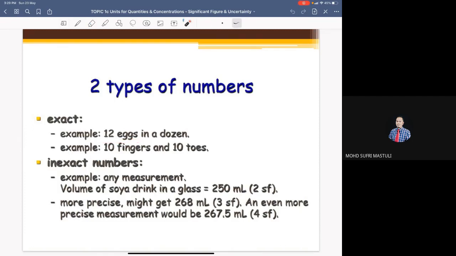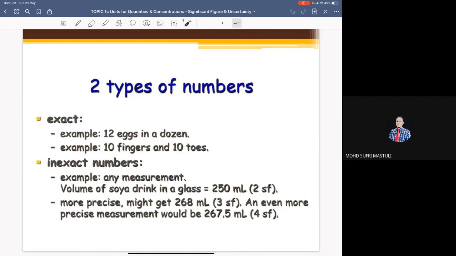Another exact number: we have 10 fingers or 10 toes. However, we also have inexact numbers. Inexact numbers normally involve measurement.